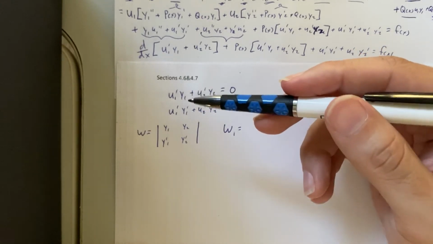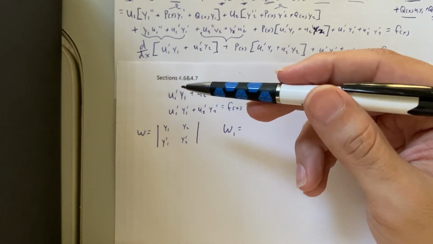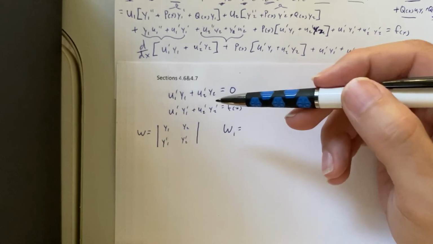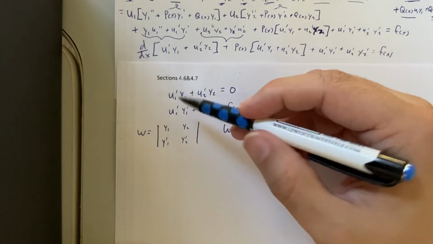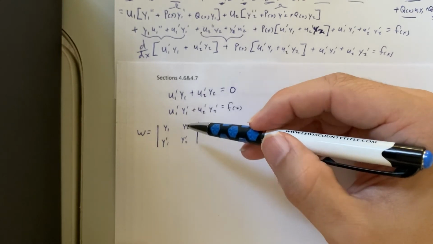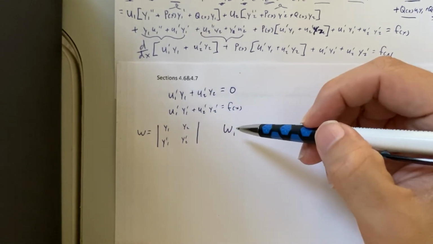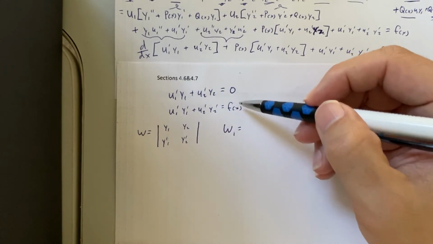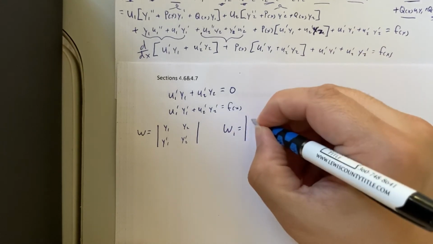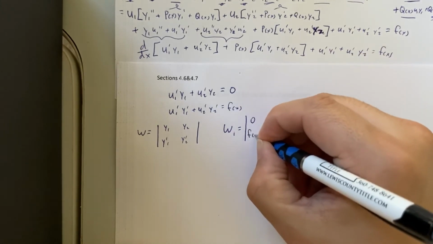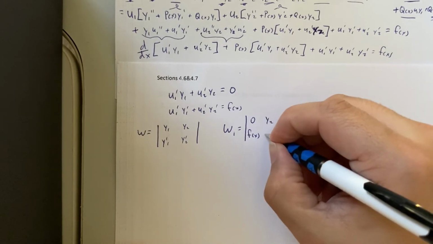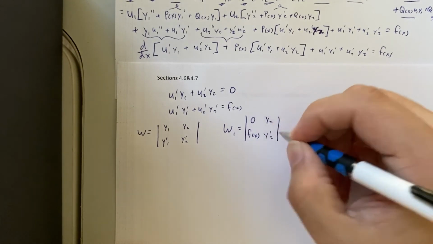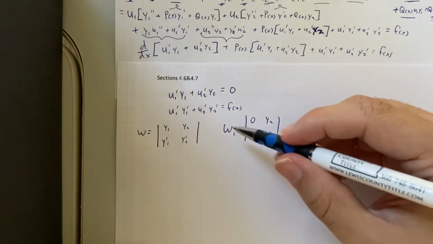If we want to solve for u sub 1 prime, because that's going to be our first variable, and u sub 2 prime is our second variable, what we do is we eliminate the first column, that's why it's sub 1, and substitute in our solutions, and we keep the second column the same. So that's W sub 1.